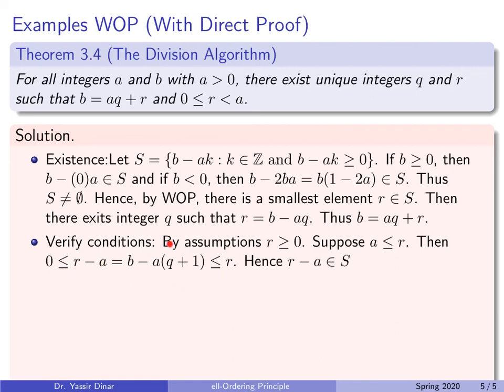Using the definition of r, we can write r minus a as b minus a multiplied with q plus 1. That means r minus a actually is in the set S we defined before.